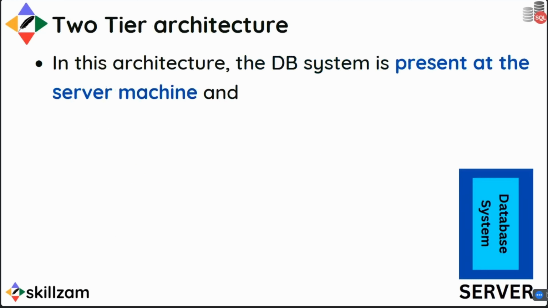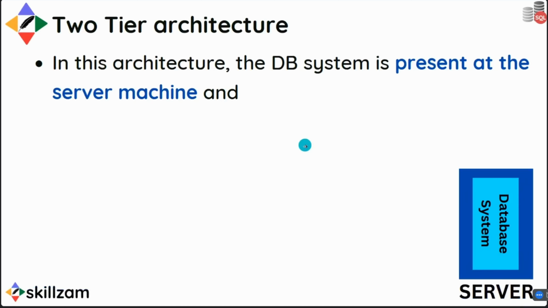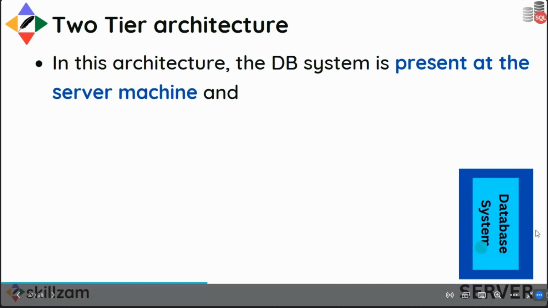Now let's talk about two tier architecture. The two tier architecture of the database management system has a client as well as a server. That is the reason it is a two tier. If you observe, there is a server which contains the database system.